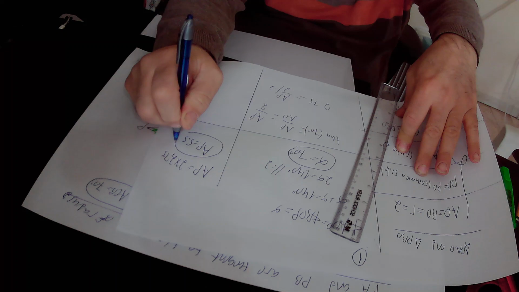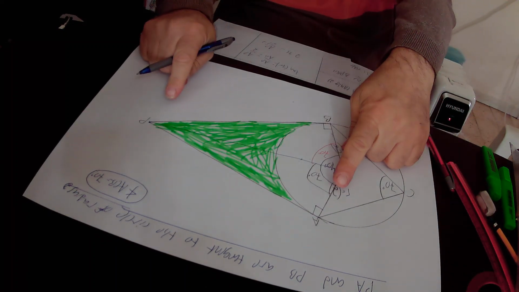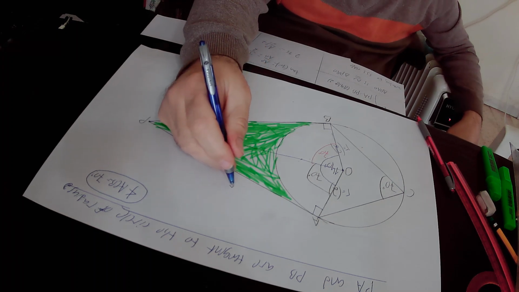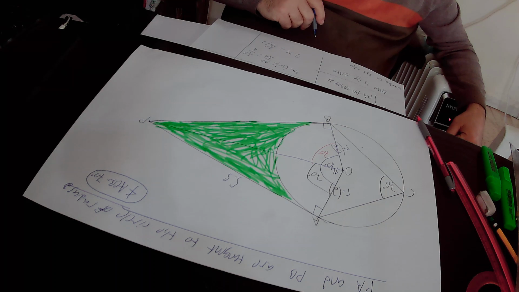So AP, the tangent AP, equals 5.5 units in its length.